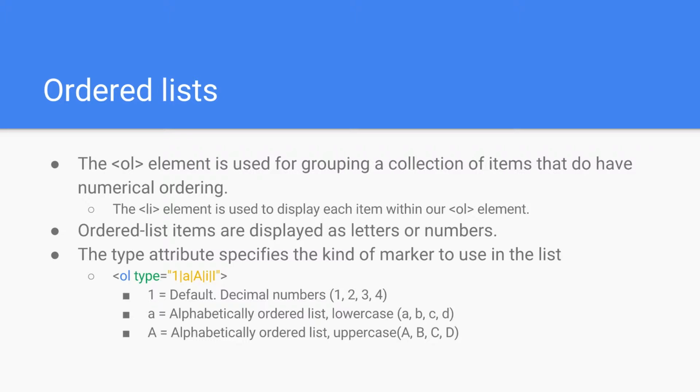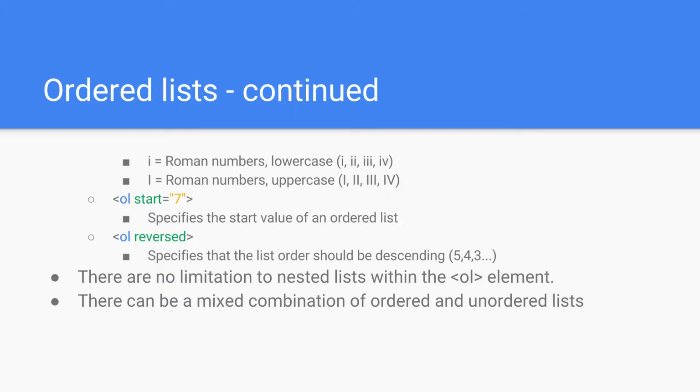1 is the default value, decimal numbers 1, 2, 3, 4. Lowercase a is alphabetically ordered list, lowercase. Uppercase A is alphabetically ordered list, uppercase. Lowercase i is Roman numbers lowercase.